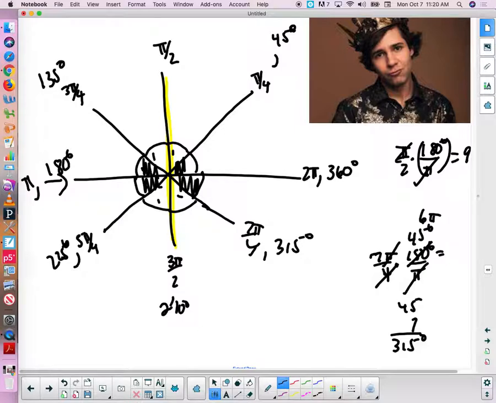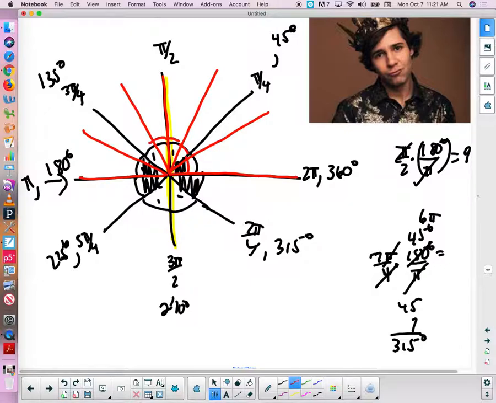All right. What about this one? Each one of those red marks is 30 degrees. 30, 60, 90, 120.